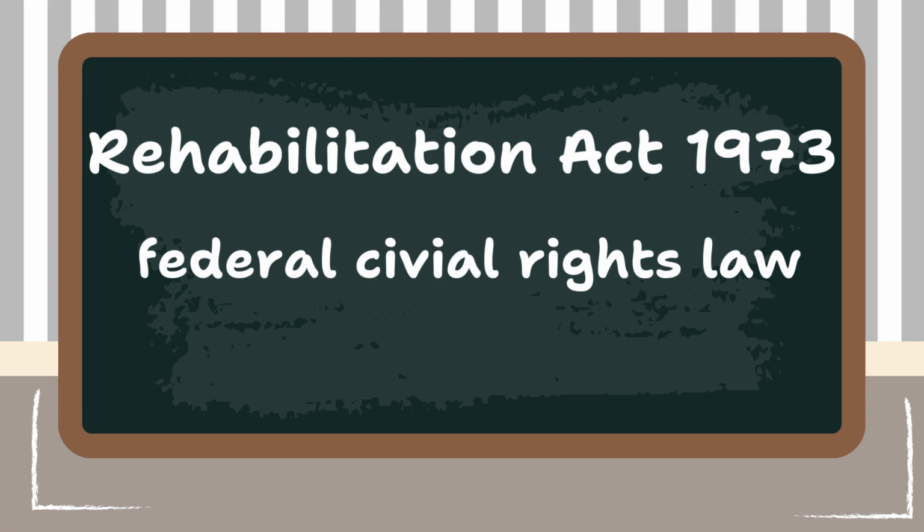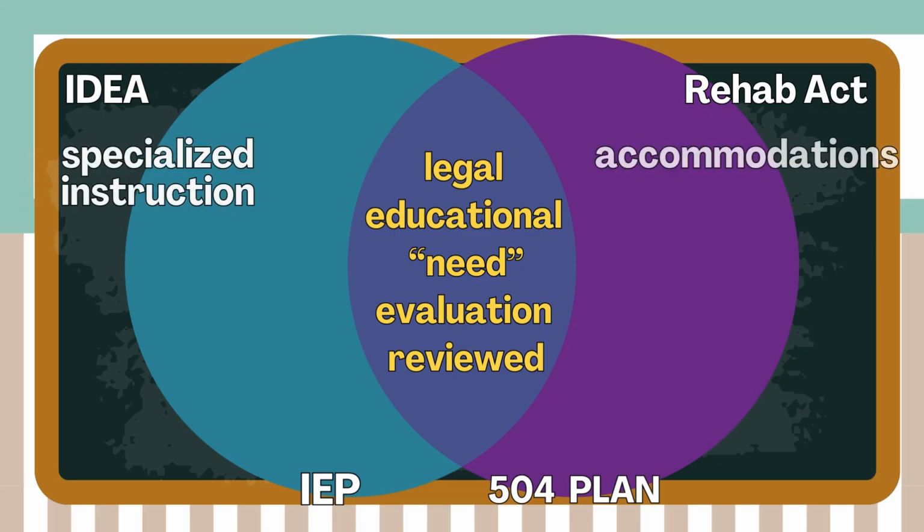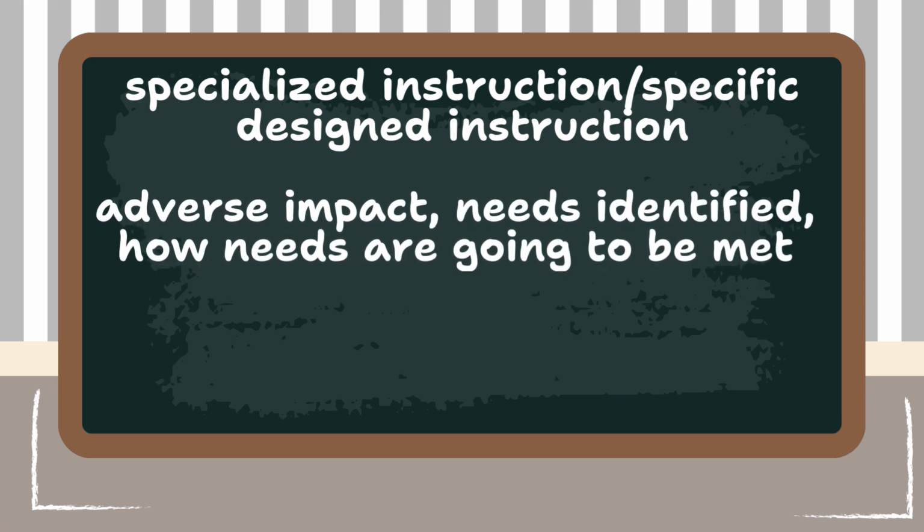Another key difference between the plans is what each plan provides the student. The IEP provides specialized instruction, while the 504 plan provides for reasonable accommodations. The IEP provides the student with specialized instruction, or another term, specially designed instruction. The educational team identifies the adverse impacts on the student's education, identifies the specific needs, and how those needs are going to be met.